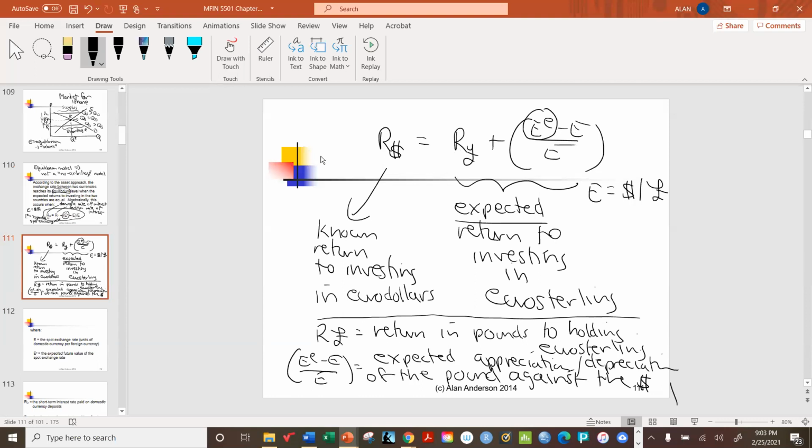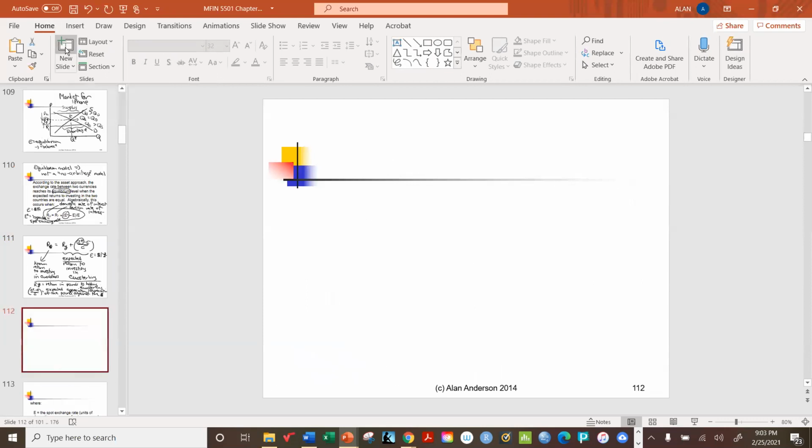So in fact, why don't we look at this more closely and see when you might choose to invest in the two currencies. So for example, let's look at this for a second. Suppose, let's write this down again.